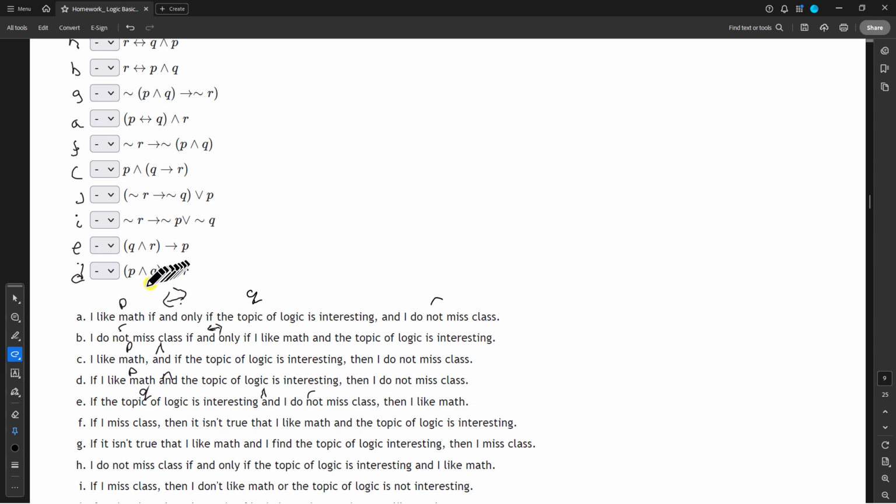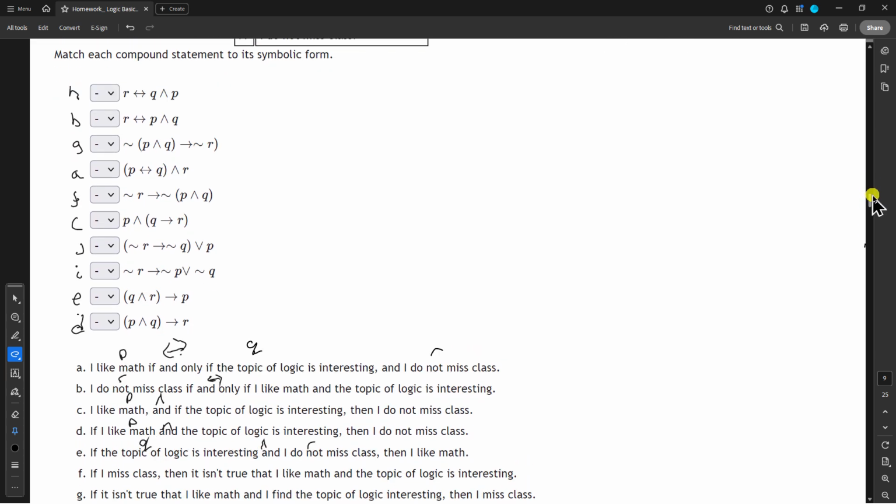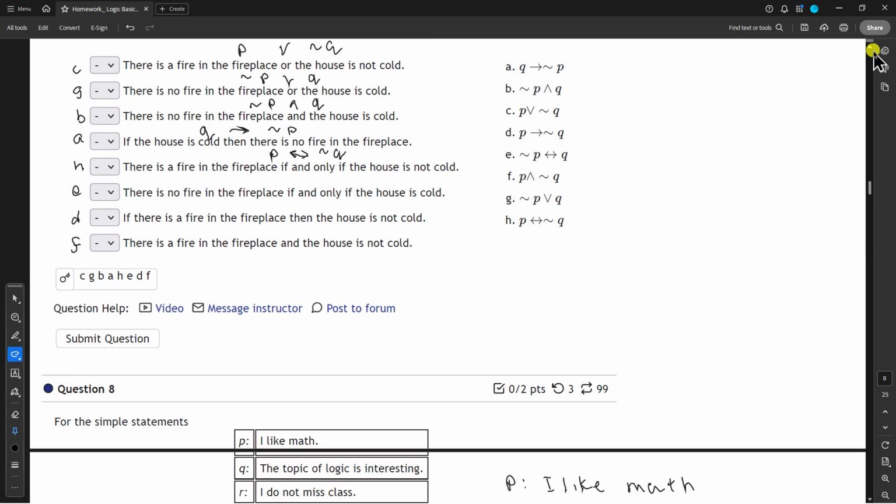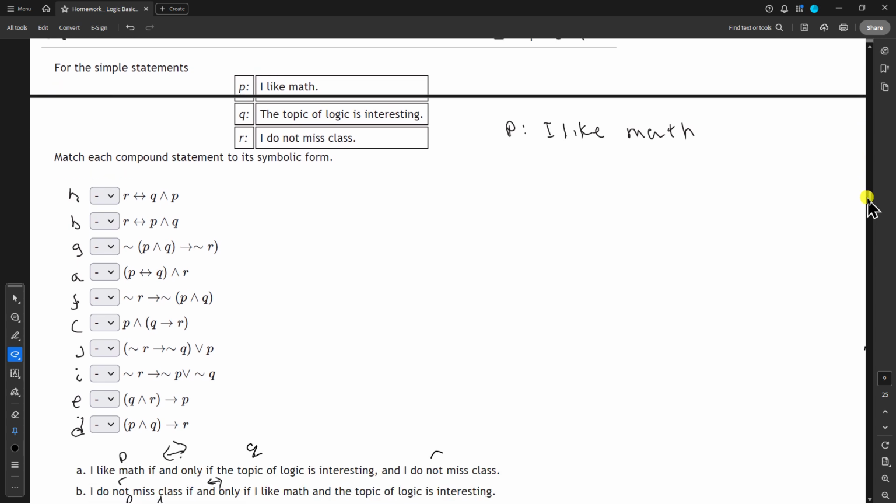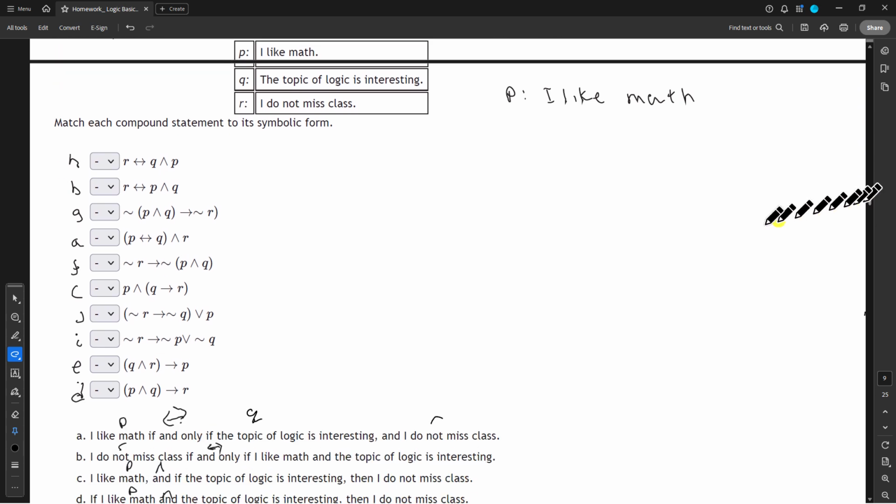Next one here, I have an R here. I do not miss class if and only if.